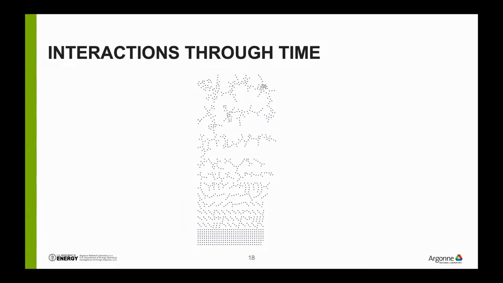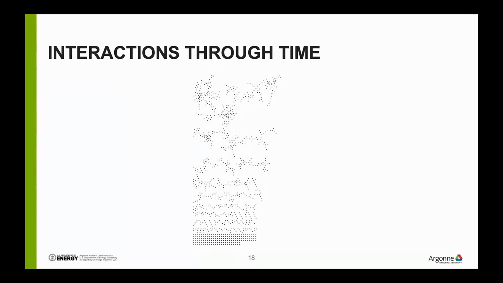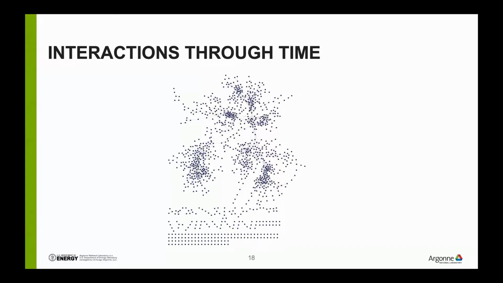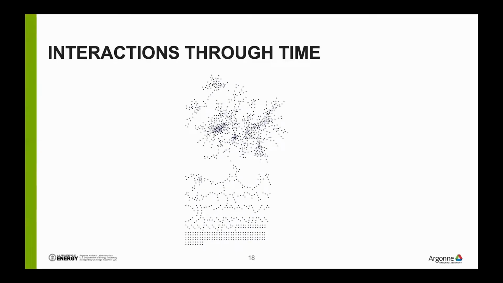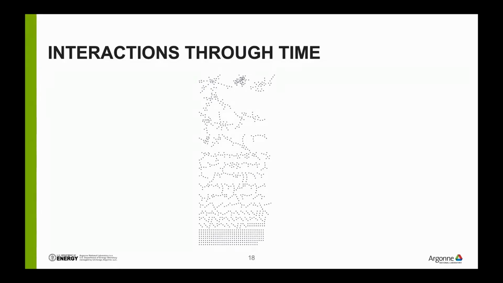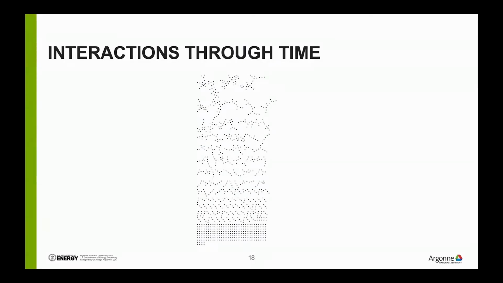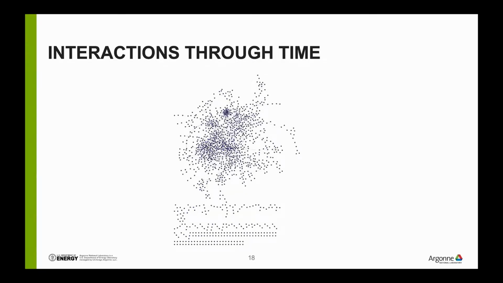But this is right here where I wanted to show you what happens, right? Initially you had this large ball of interactions where most of the species were interacting with each other. And then that fell apart for a while and you had these smaller groups of species interacting, right? And then as we go through, it returns to where it was before. So that's the highlight of that.